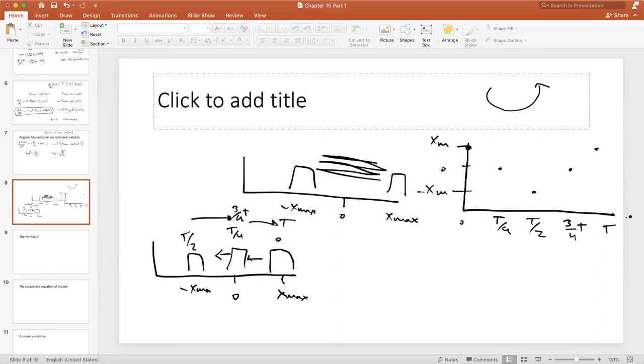We could add 5/4 T, and it would be here. And so what we see is that this thing's doing this, going like this, right? And notice this is a cosine. This function is described by a cosine of some omega t.